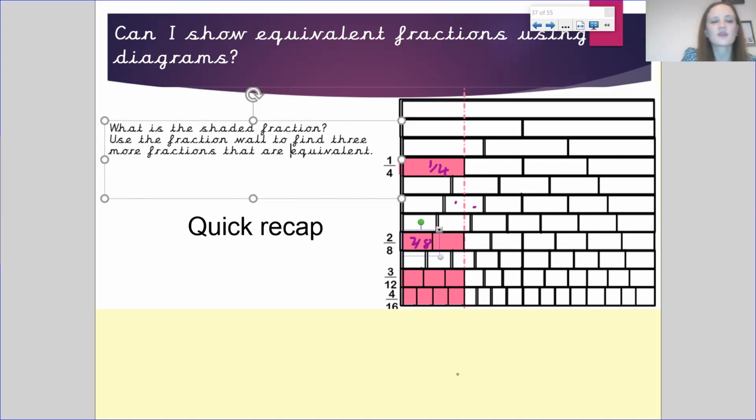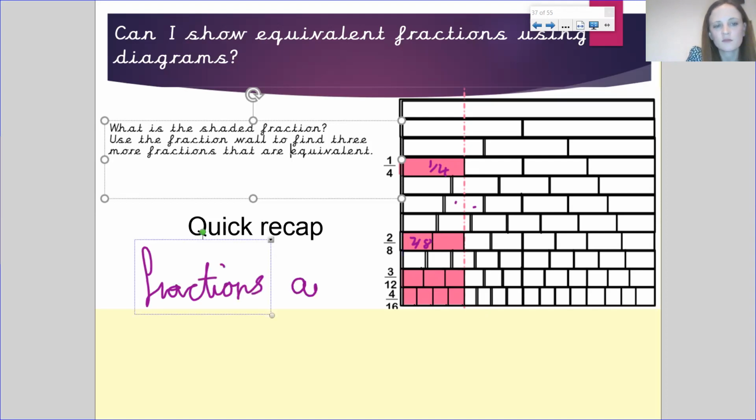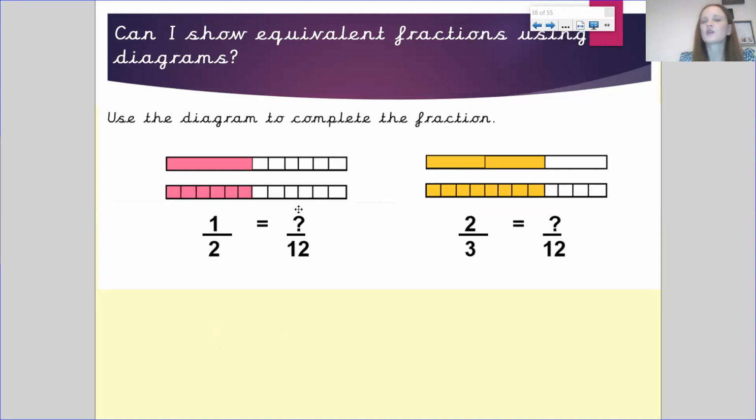So remember that an equivalent fraction means that the fractions are equal. They are an equal amount. So if we have a look at this diagram, we've got a fraction there, well, it actually says, it's a half.